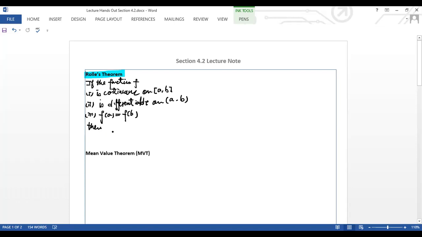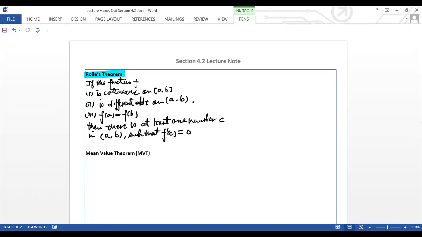Then we know there is at least one number c, and this number c is in the open interval (a, b), such that f prime of c is equal to 0.